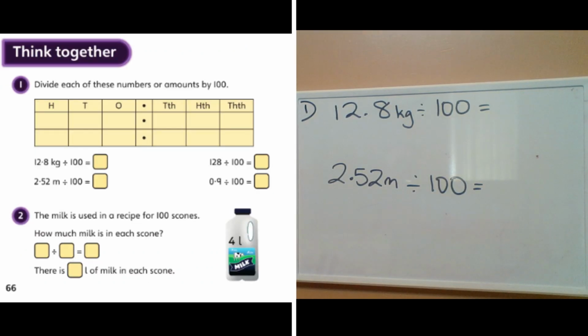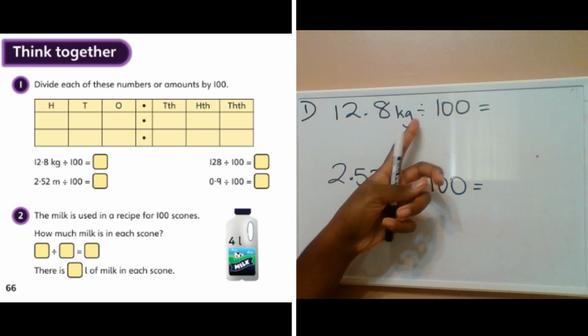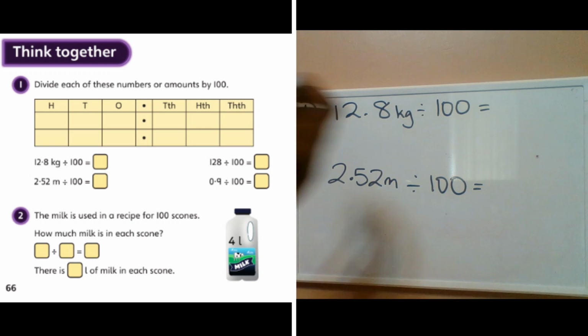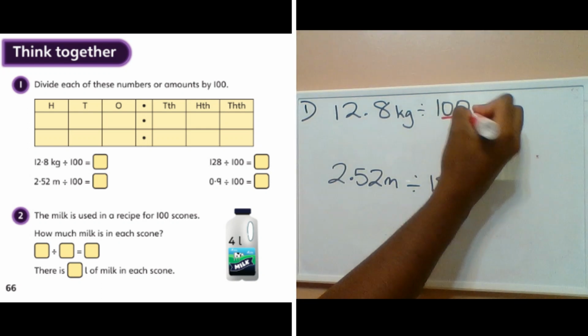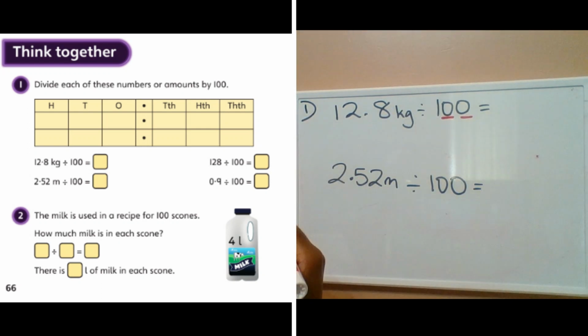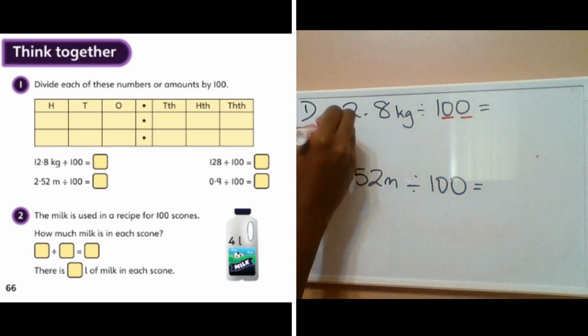It says there for question 1, divide each of these numbers or amounts by 100. I'm going to do the first two on my board, and then you're going to do the second set of two on your own. For the first one, it says 12.8 kilograms divided by 100. Again, I have two placeholders, and since I'm dividing, my answer is going to be smaller than my starting point. So my decimal point is going to move that way.